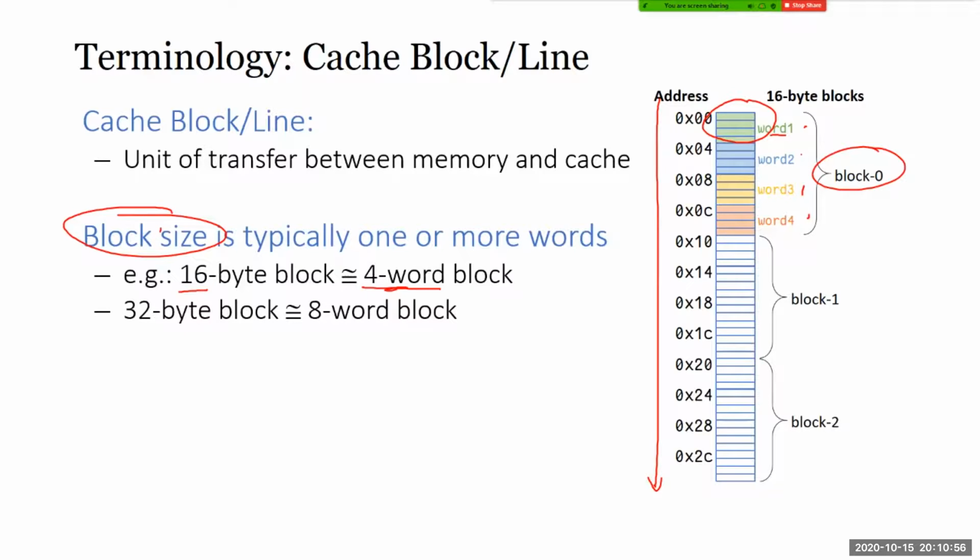So this is block 0. Again, this depends on architecture. If you have a 64-bit architecture, your word might be 8 bytes. Different architectures and designs differ. There's no reason why we need to use a 4-word block; it might be bigger, but we use 4 words in our example. If I said we use a 64-word block, how would I draw 64? So we're using small numbers just for our understanding.